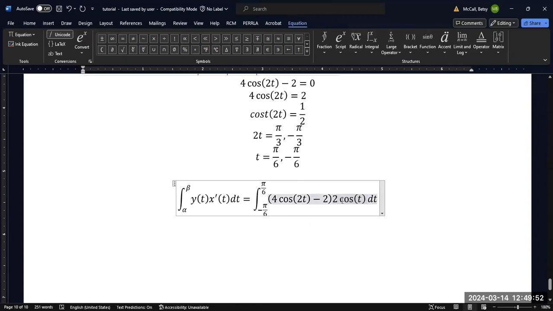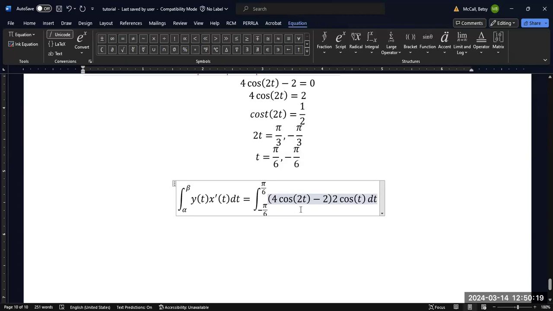Now, we're not going to be able to integrate cosine 2t times cosine t as is. So what we can do is use a trig identity in order to replace this with something in terms of just cosine t or just sine t.